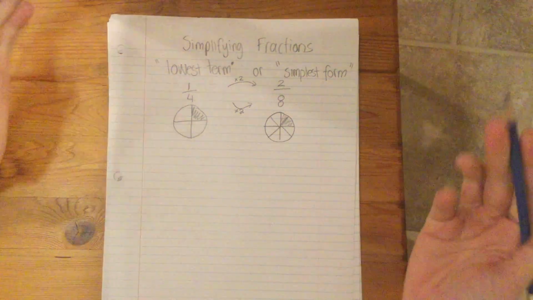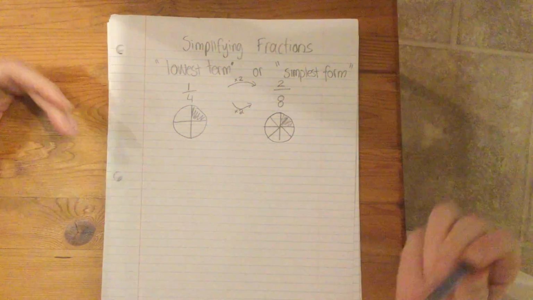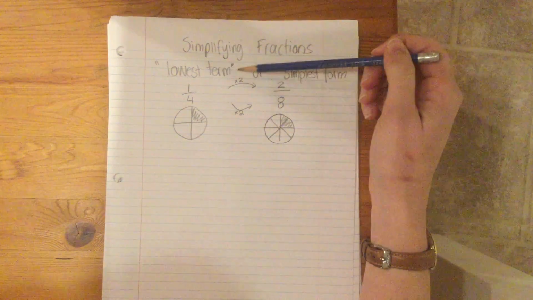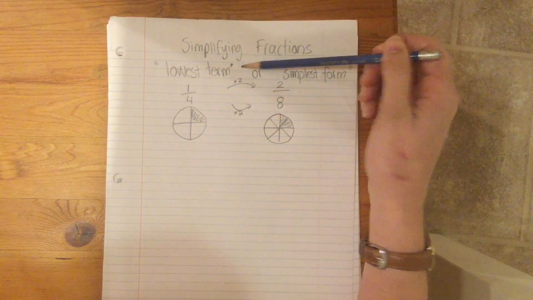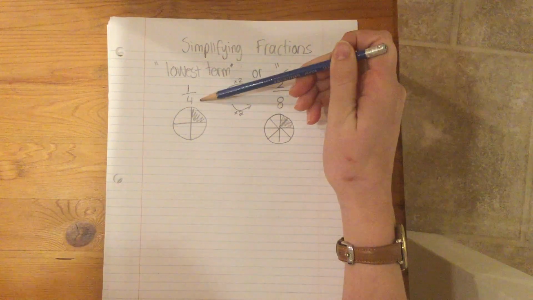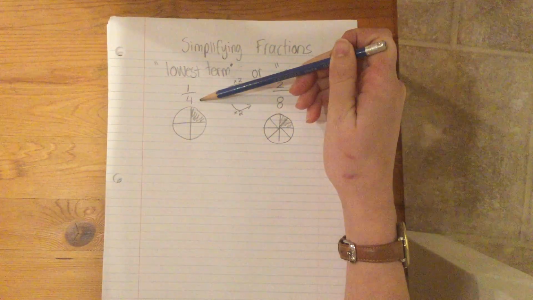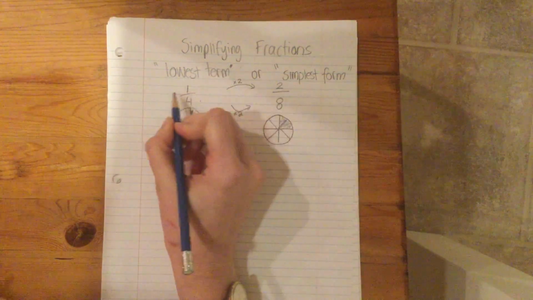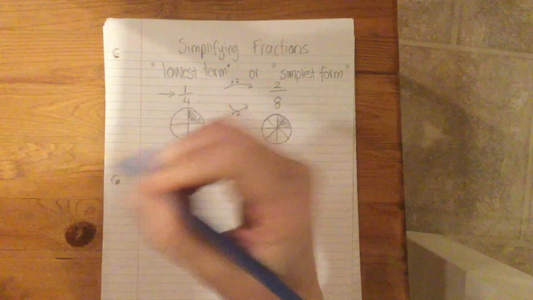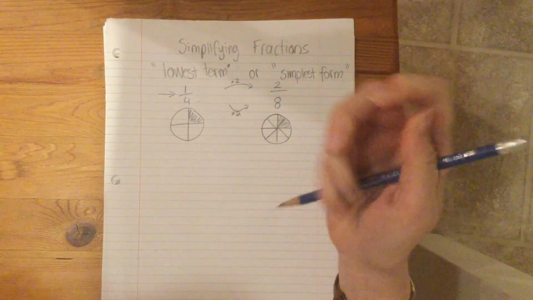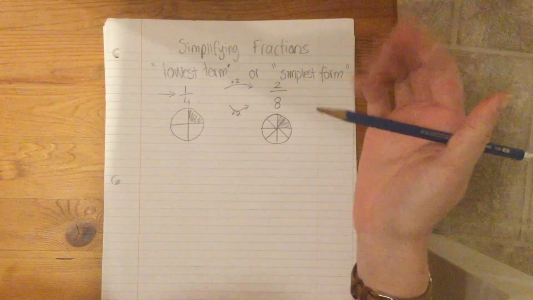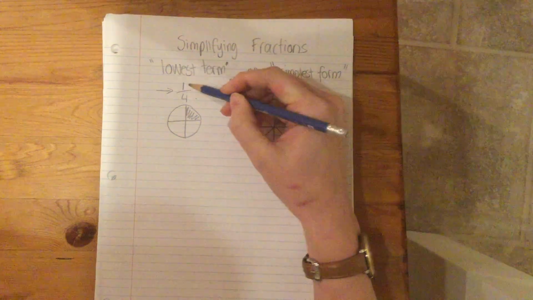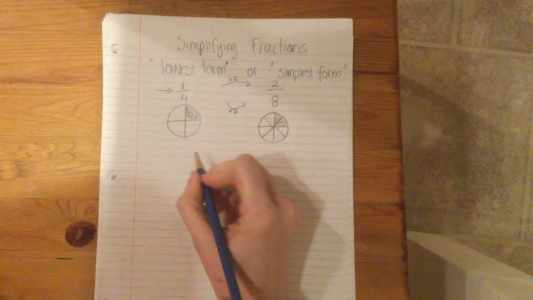Now, simplifying fractions has a lot to do with equivalent fractions. A fraction in its lowest term means that both the numerator and the denominator are the smallest number possible. So if you look at 1/4, 1/4 is this fraction in the lowest term or simplest form, because 2/8 can be simplified into 1/4.